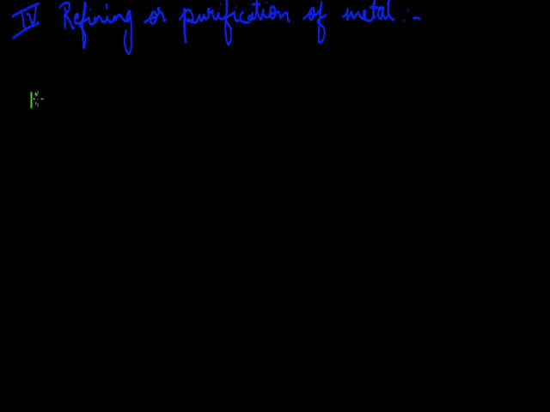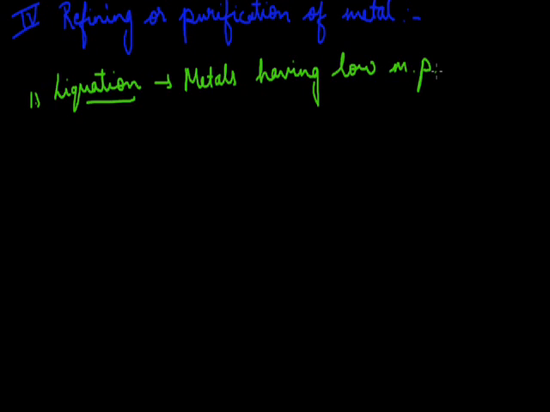Now the first method is liquefaction. This method is used for refining metals having a very low melting point. As they have a low melting point, they will melt easily and then they will be obtained. How? For example, on a slope you have this kind of setup. Here you place the metal and from here it is heated.